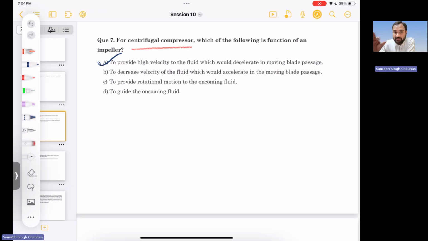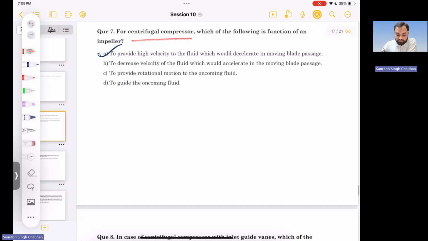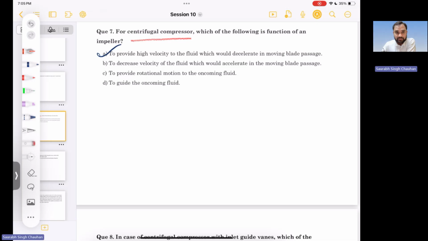First of all, we increase the kinetic energy of the fluid, by the rotating impeller, which pushes that fluid. That increases the kinetic energy, and that kinetic energy is later converted to pressure energy. So that is the correct option. And to guide the oncoming fluid, no, that is not the purpose of the impeller. For that we have another component, what we call inlet guide vanes, right?